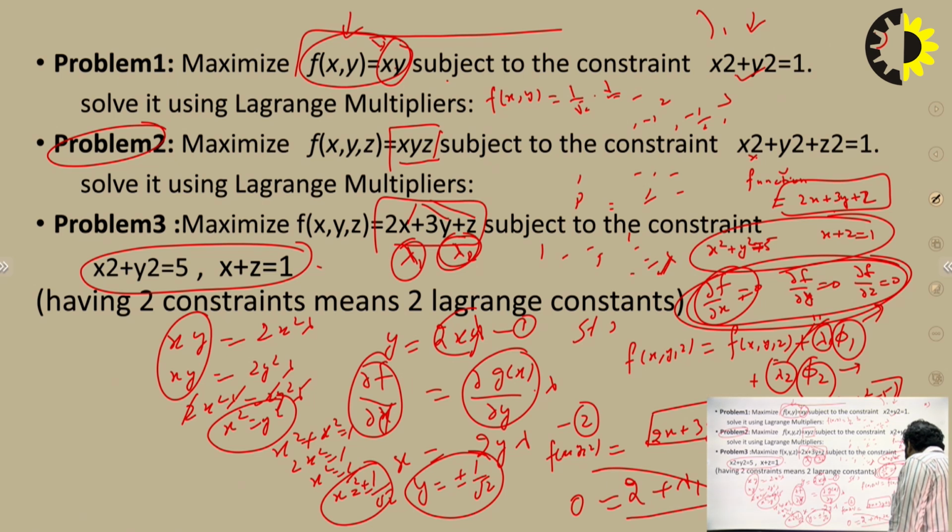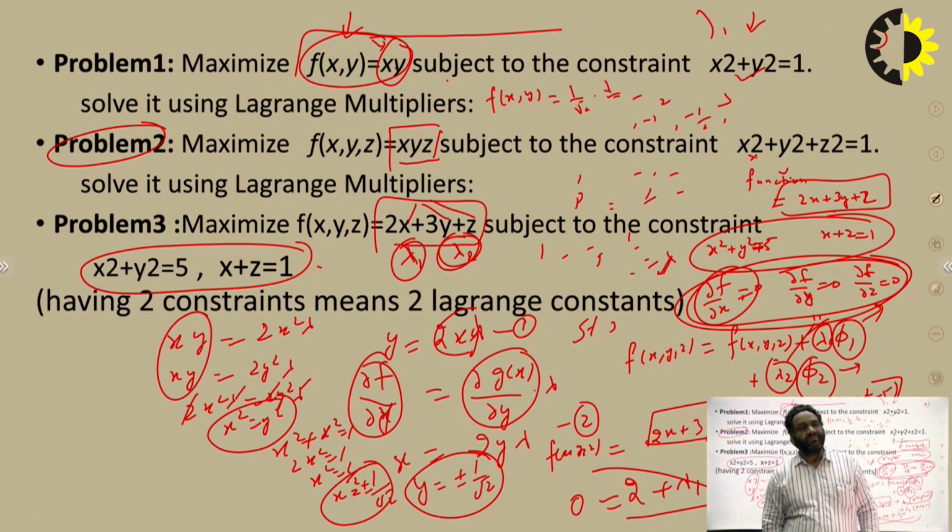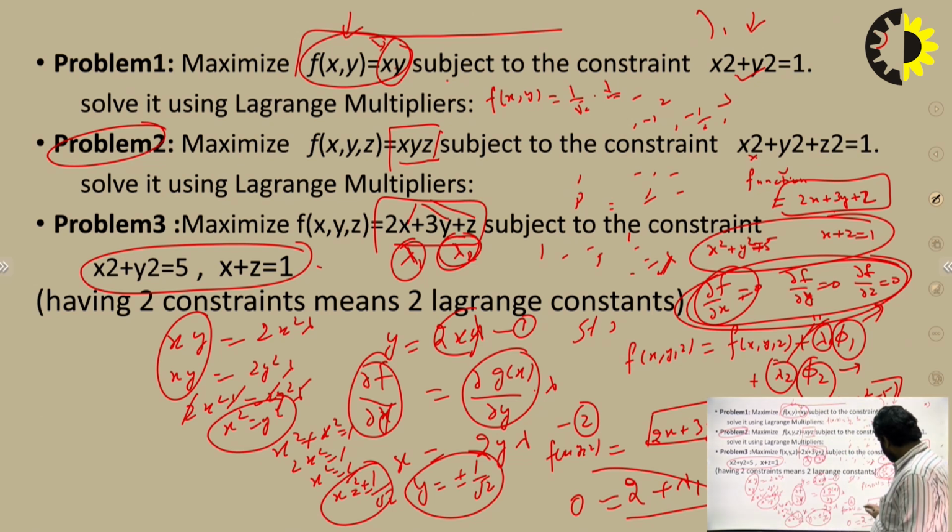This is the first equation, and in the same way we take the differentiation with respect to the other variables. So taking the second one with respect to y, and then with respect to z, and then solve these.